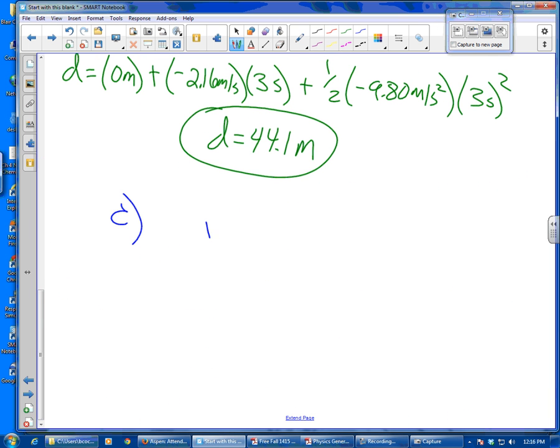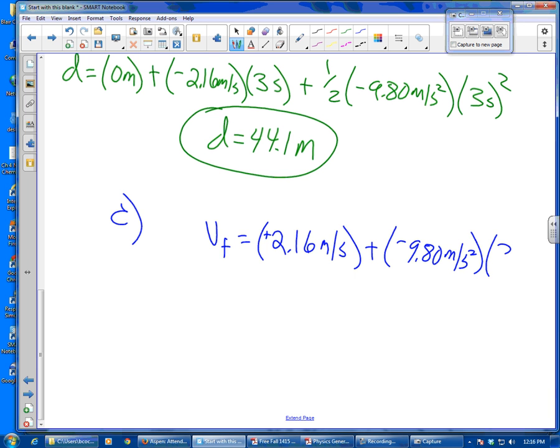My V final is what I'm looking for again. My V initial this time is positive 2.16 meters per second, plus negative 9.80 meters per second squared times 3 seconds.